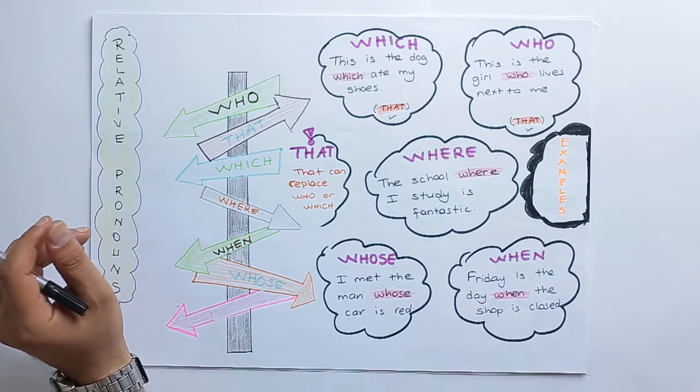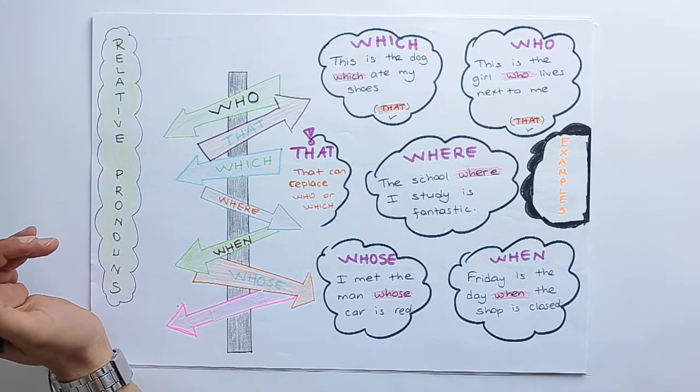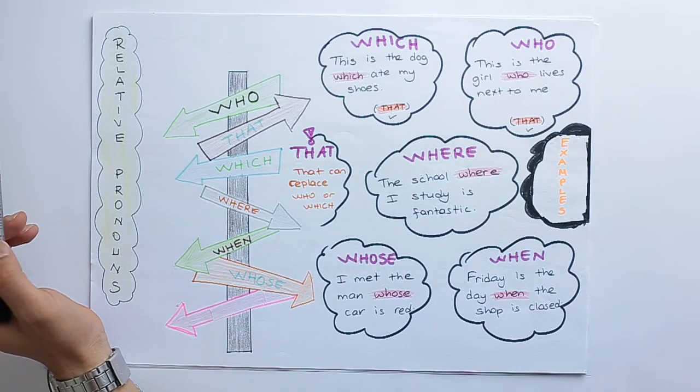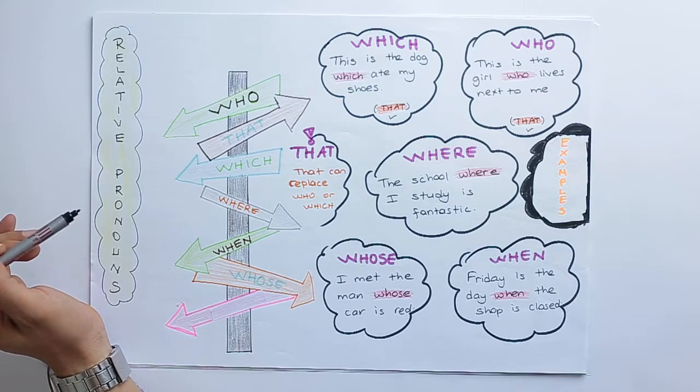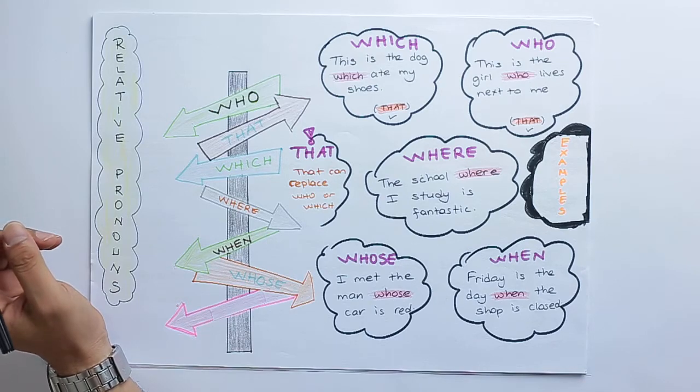Yes, relative pronouns. Let's see. Which? This is the dog which ate my shoes. Who? This is the girl who lives next to me. That can replace who or which as a relative pronoun. Don't forget it for defining ones.